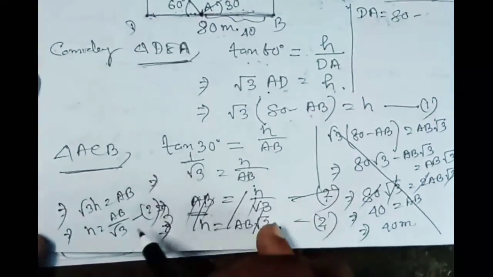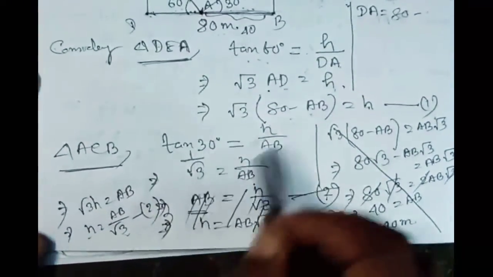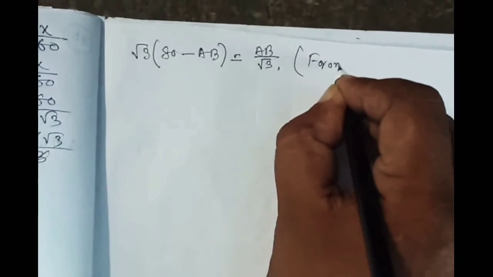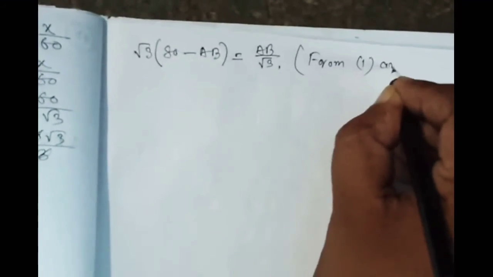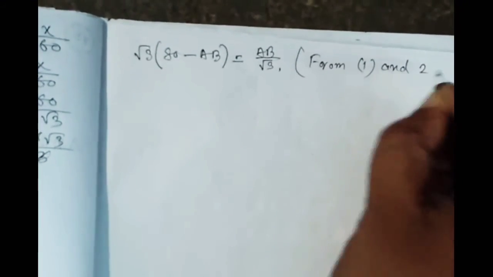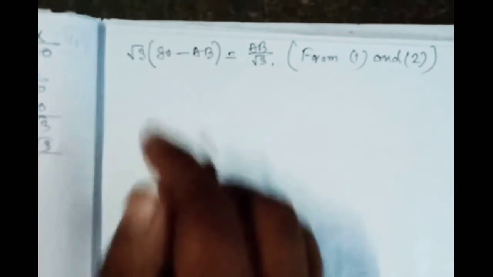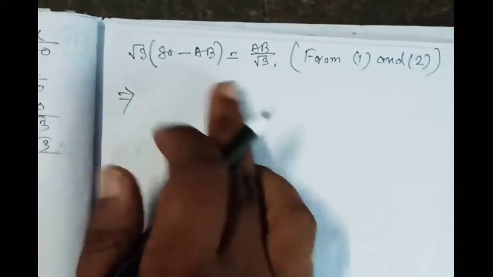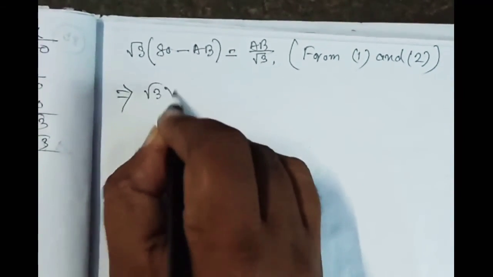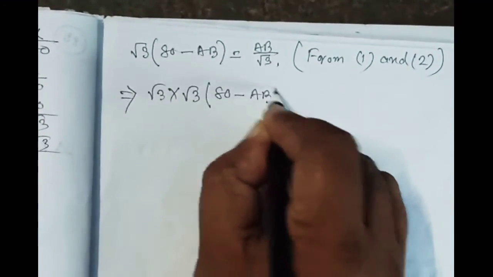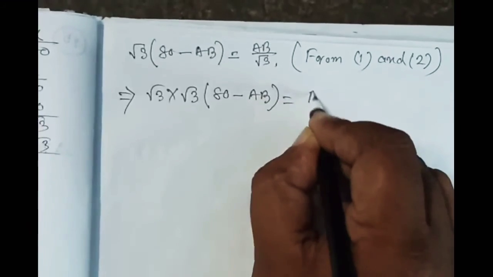Now from 1 and 2 we are equating H. So this is root 3 into root 3, 80 minus AB is equal to AB.